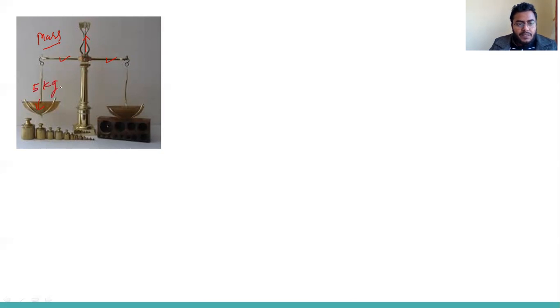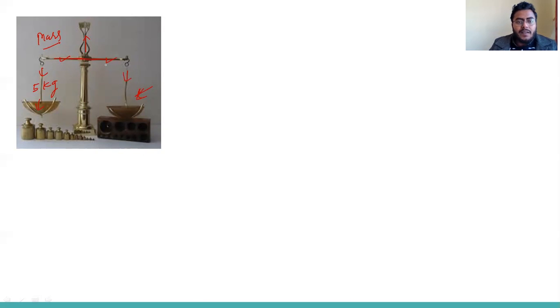Suppose we kept 5 kg and we are placing some material here. Suppose it is in the middle, it means this rod will be in horizontal direction. It means whatever weight or force we are getting, it will be here also. See, when the length is the same and the weight is the same, the center of gravity will lie here.